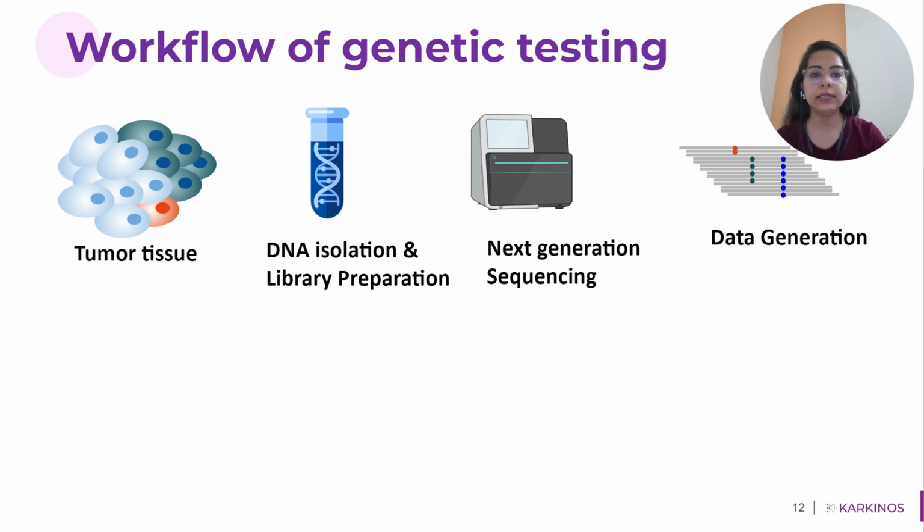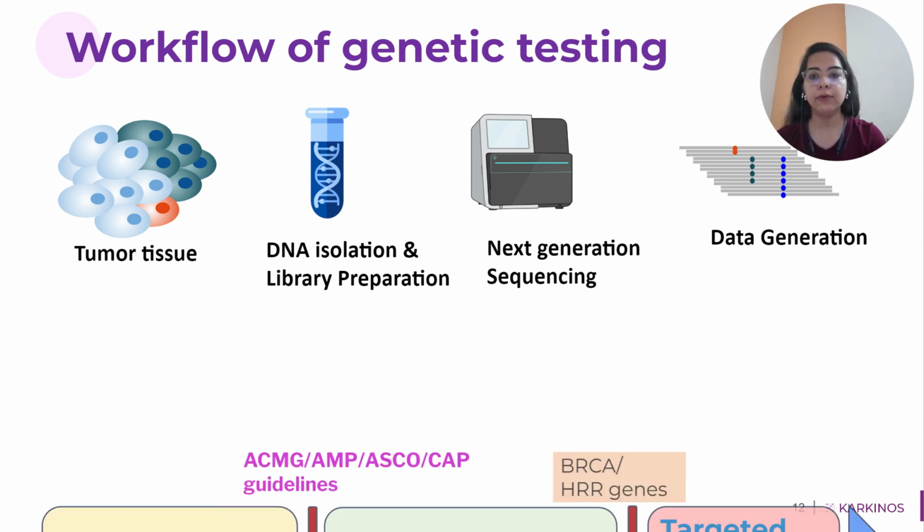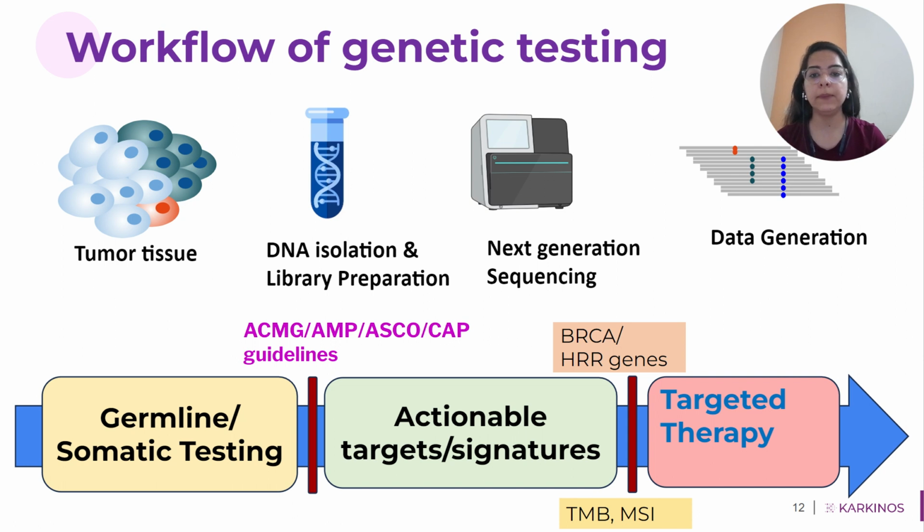The number of variants could be in the thousands or millions depending upon the NGS assay, and thankfully we now have guidelines for interpreting sequence variants like ACMG, AMP, ASCO, and CAP. Using these guidelines, the pool of variants, which was in the thousands to millions, can be narrowed down to the actionable targets, and accordingly, targeted therapy can be given.